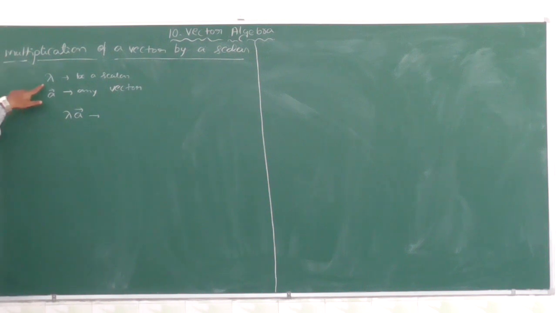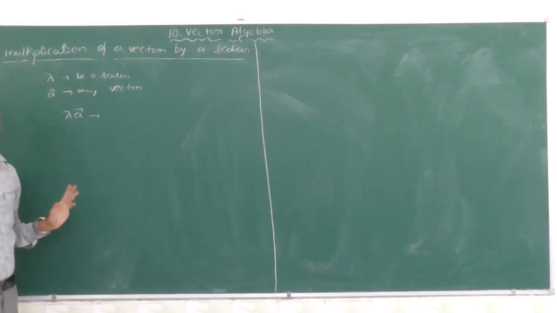See once again, let lambda be a scalar and the vector a is any vector, then the product, we know the product is nothing but multiplication, the product of lambda and vector a, lambda a vector, is called multiplication of a vector by a scalar.